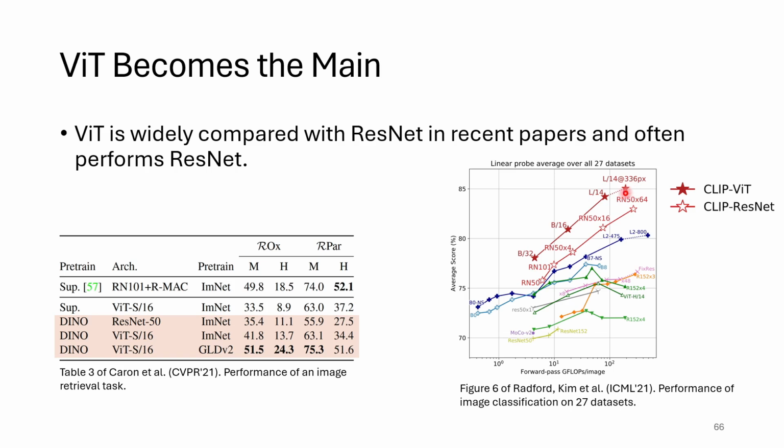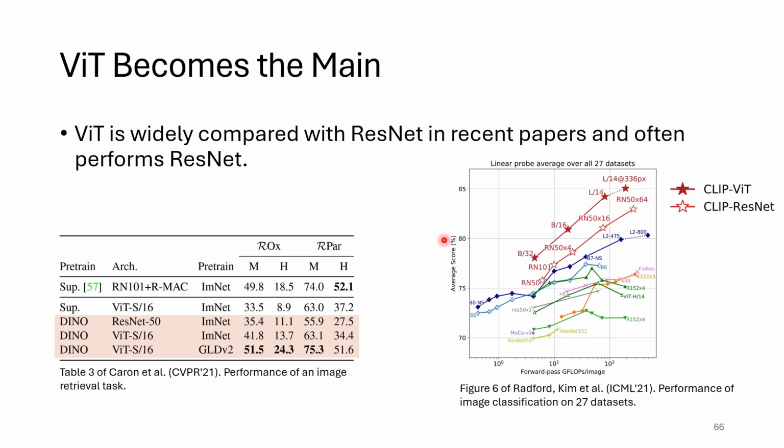This is the vision transformer, and this is the ResNet. This axis means how much computational load for a single image. Under the same computational load, vision transformer achieves a better recognition rate than ResNet.